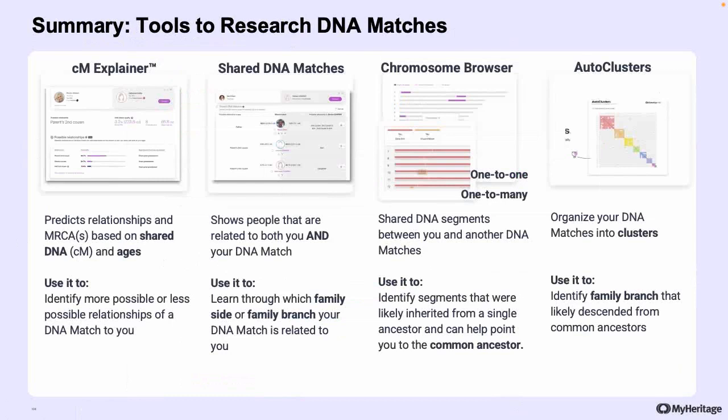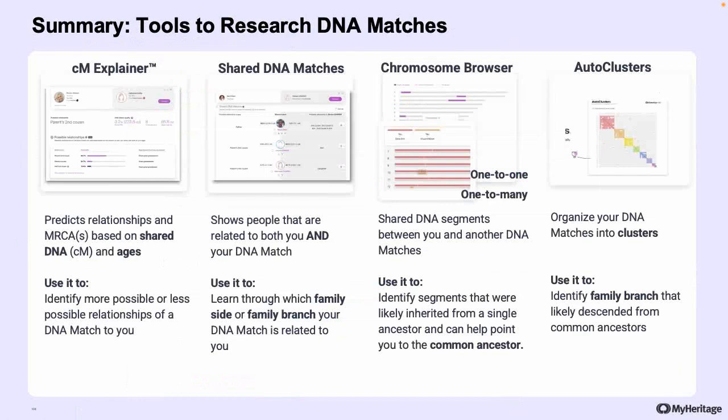Nancy wants to know, can you change the main person in the chromosome browser so you can compare various matches to each other? Or do you always have to be the person that the match shares with? You don't have to be the person, but obviously you need to select one of the kits that you manage.